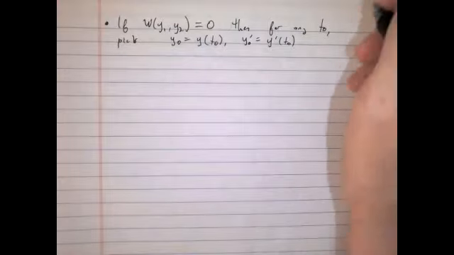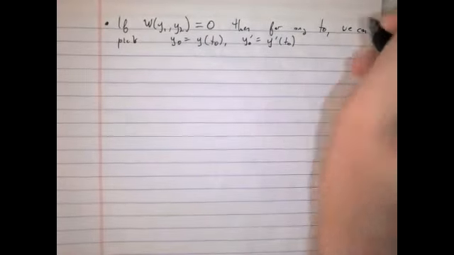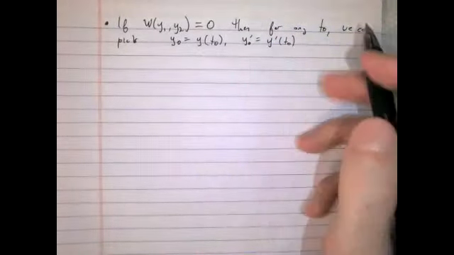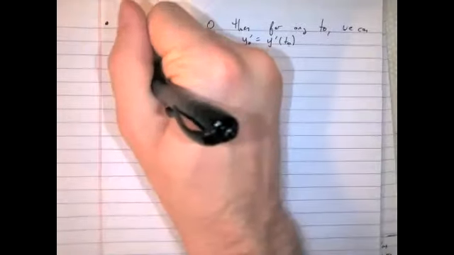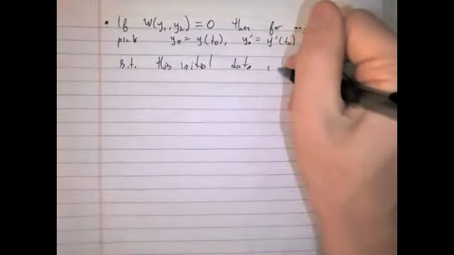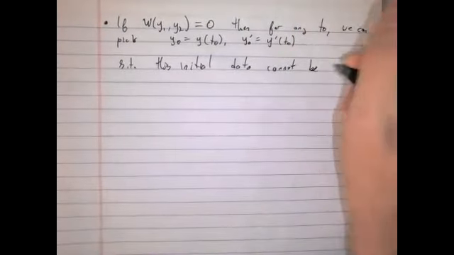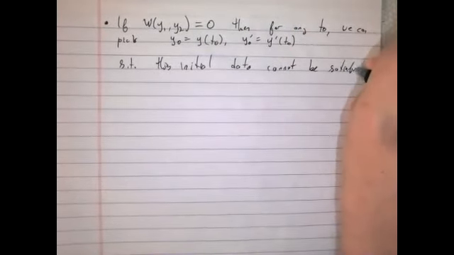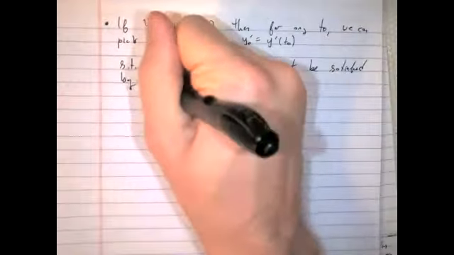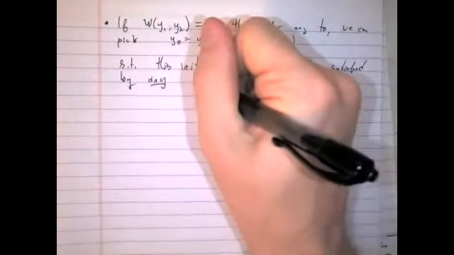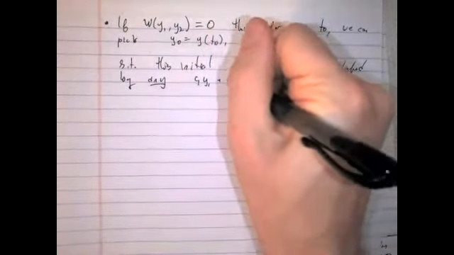We can always find, we can pick this data such that this initial data cannot be satisfied by any C1y1 plus C2y2.